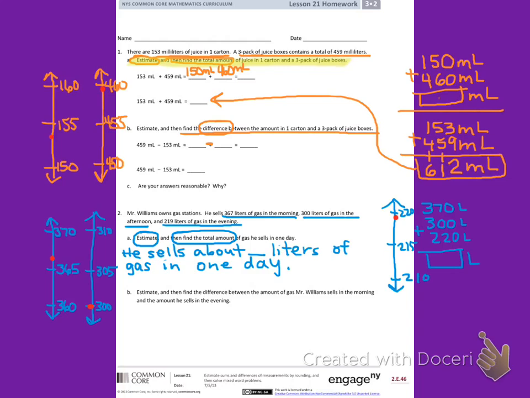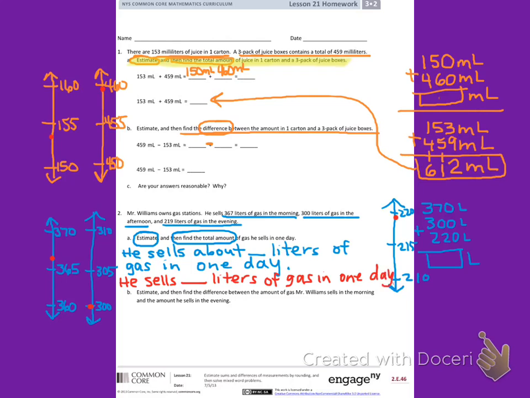You write it down, you add it up to come to the total of actual number of liters, and then you write it down on the space provided. He sells blank liters of gas in one day.